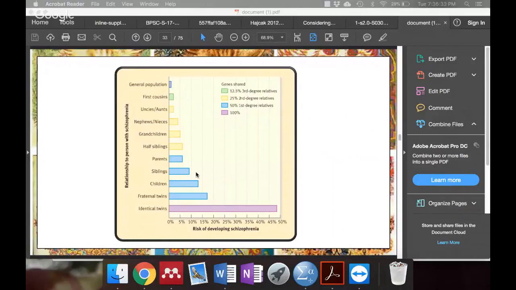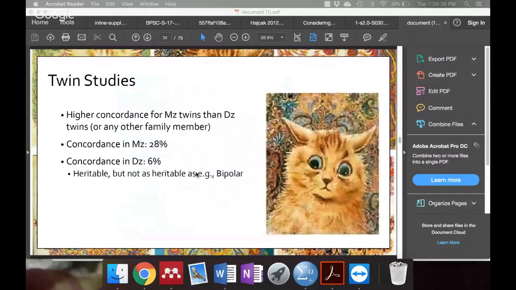Concordance rates were also presented, with higher concordance in those who are monozygotic than dizygotic. So it's just indicating that this disorder is highly heritable, but of course not as much as bipolar.